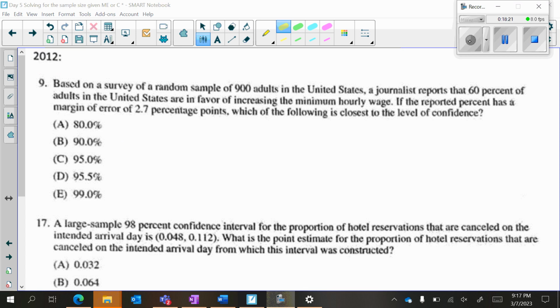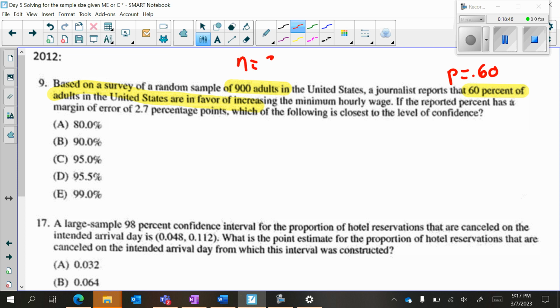Now, if you look at the next one, 2012, number 9, it's slightly different. It gives you a random sample of 900 adults, and it says that they reported that 60% of adults in the US are in favor of increasing the minimum wage. So this time they gave you what to me sounds like P, the true proportion of people in the country who favor, because it says all adults in the United States.